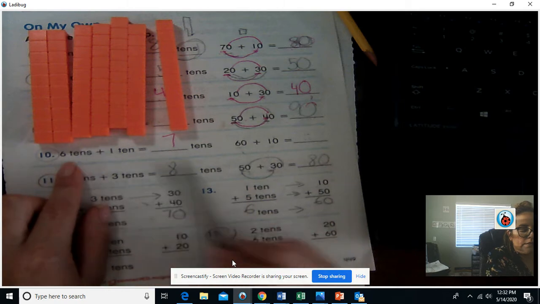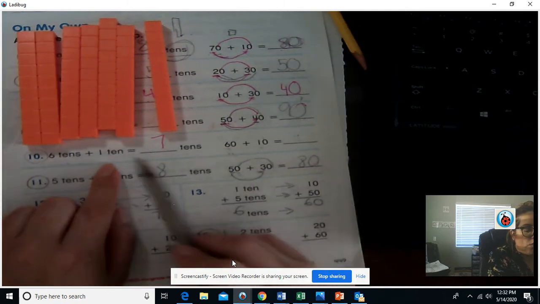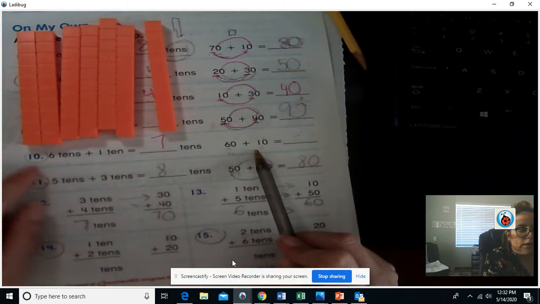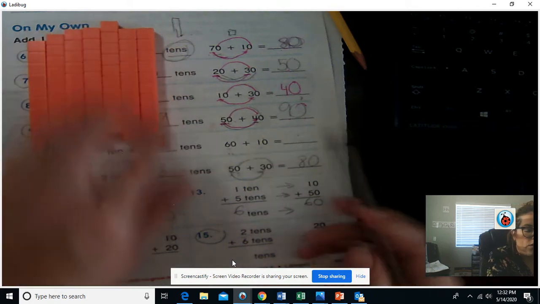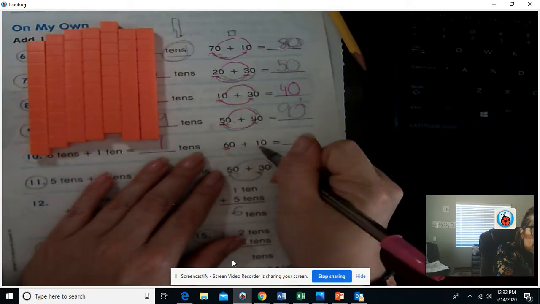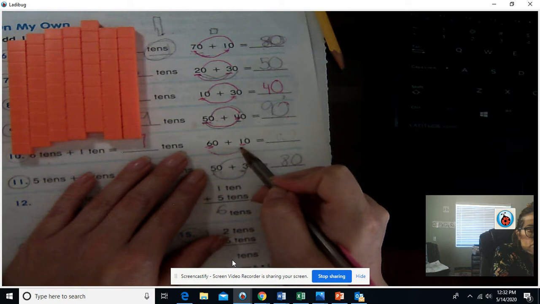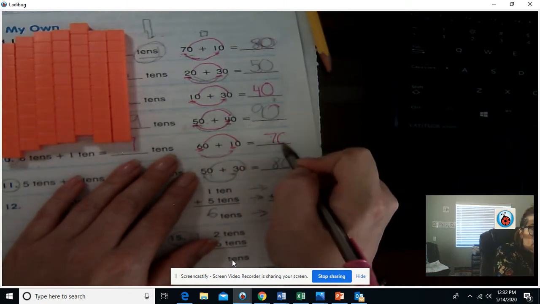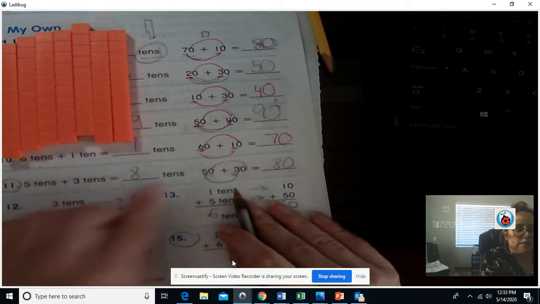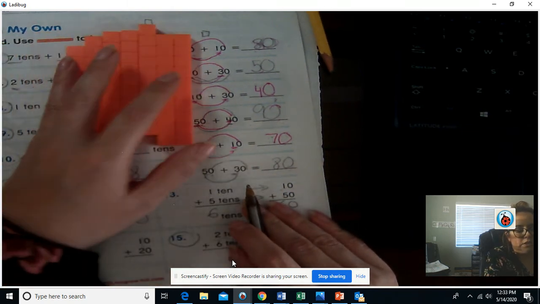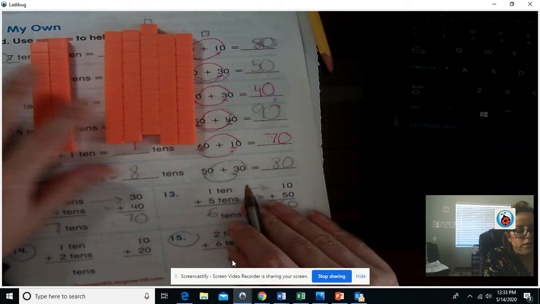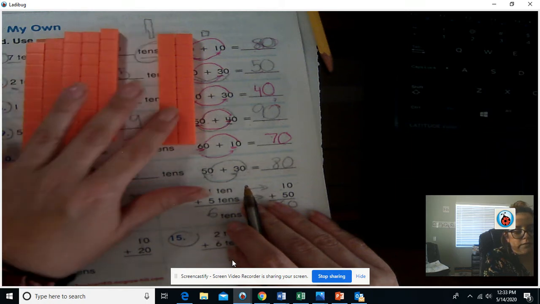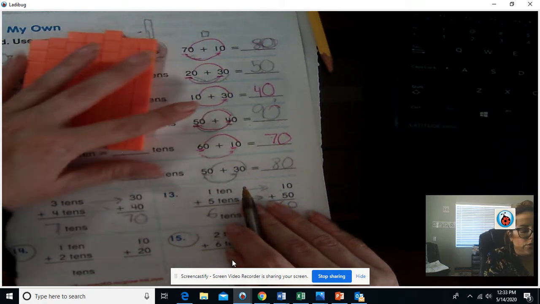Now, 6 tens is equal to 60. 1 ten is equal to 10. How many little cubes do I have? Well, I can add my tens place. 6 plus 1 equals 7. 0 plus 0 equals 0. 70. 60 plus 10 is 70. And let me check. 10, 20, 30, 40, 50, 60, 70. Good.